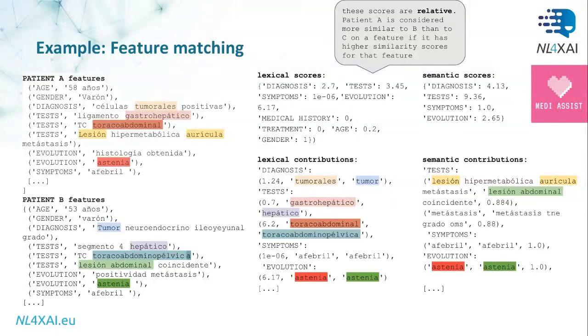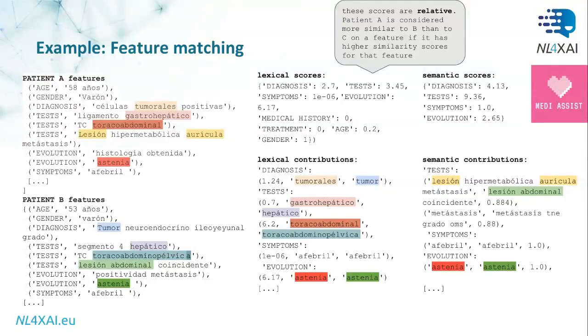Similarly for the semantic contributions, it is able to detect the similarity for the abdominal lesion, for instance, between two keywords that on the surface don't look similar but have a very similar meaning. And it's important to say that these scores are relative. So patient A would be considered more similar to patient B than patient C, but the score 2.7 in itself probably isn't very telling.